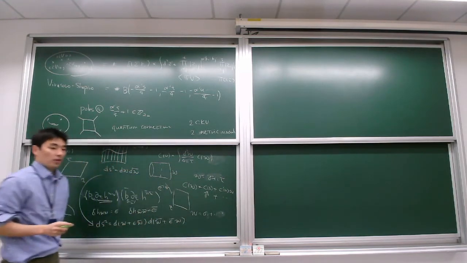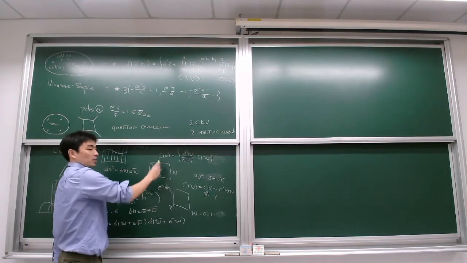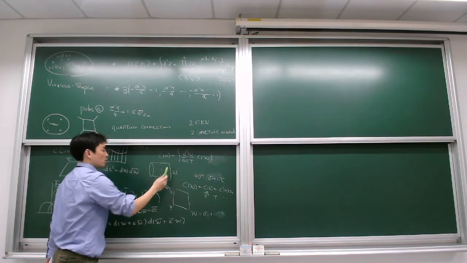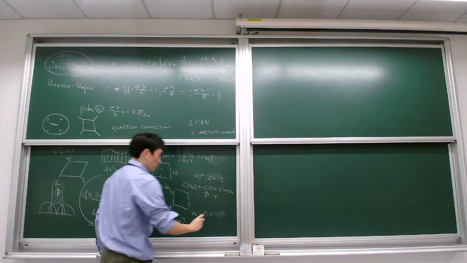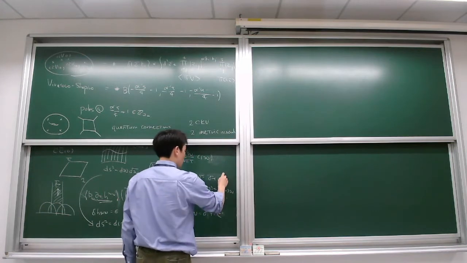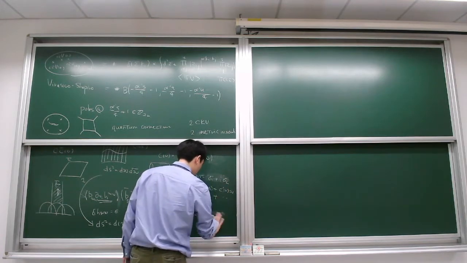That's what we did. W is like the coordinate of the cylinder, and we identified the left circle and right circle to get the torus. That's what we have done. So W is indeed sigma 1 plus i sigma 2. I don't want to use tau, so let's call it sigma 1 plus i sigma 2.